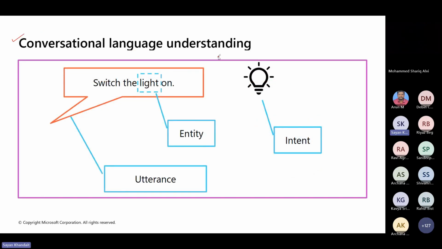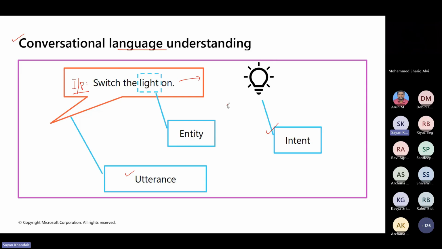This is an example of conversational language understanding. So if this was the input sent by the user, if this was the input that says switch the light on. Now the input that is sent by the user is called utterance, and the actual meaning behind the utterance is called intent. So this intent will be detected by the language understanding service.